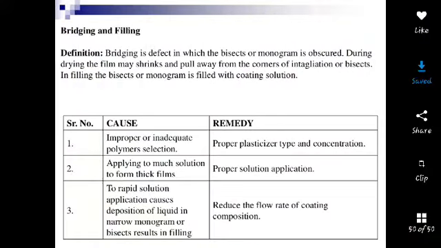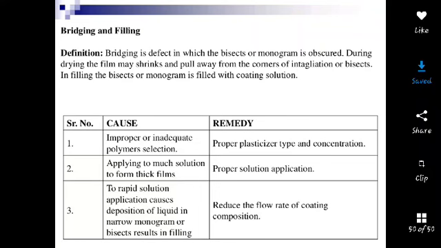Then bridging or filling is seen where the monogram or bisect is obscured. During the drying of the film, it may shrink and pull away from the corners of the intagliation, resulting in filling.